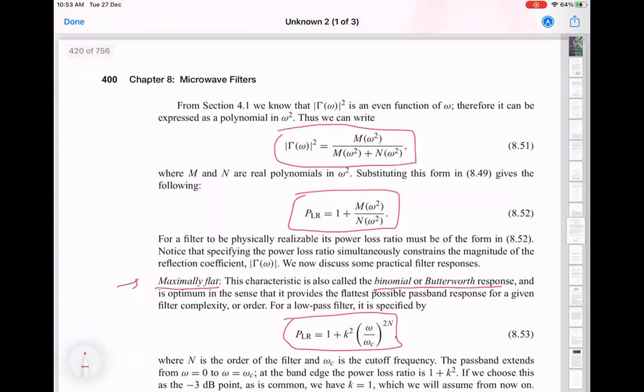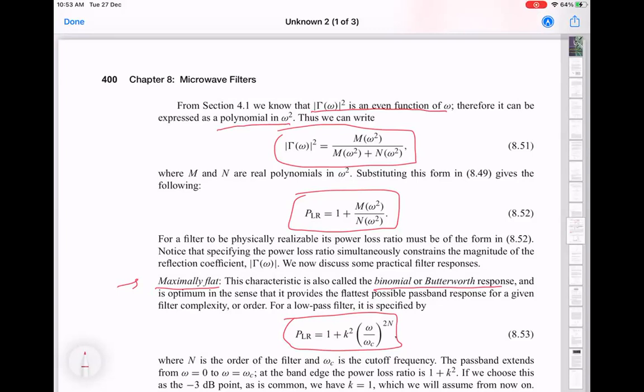And that idea is that mod of gamma square, when we were looking at reflection coefficient and S matrix, we saw these even odd properties of the impedance and reflection coefficients. So mod gamma square is always an even function of omega. So that means you can write it down as a polynomial in omega square.